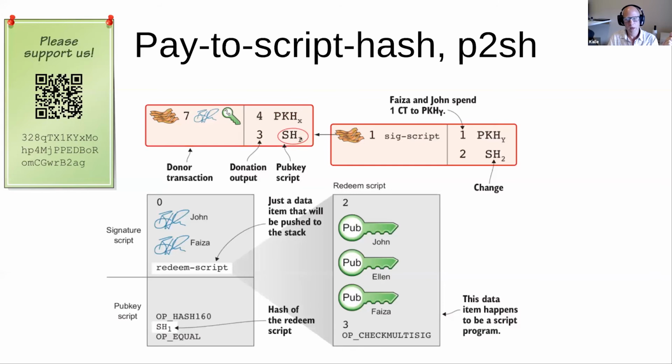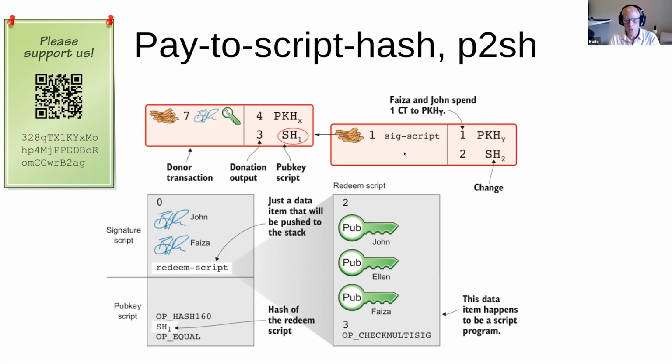And when Faiza and John want to spend this output, they need to provide the actual script here, just as you would need to provide a public key in the pay to public key hash transaction. You would need to provide a script in the signature script. We call that the redeem script.